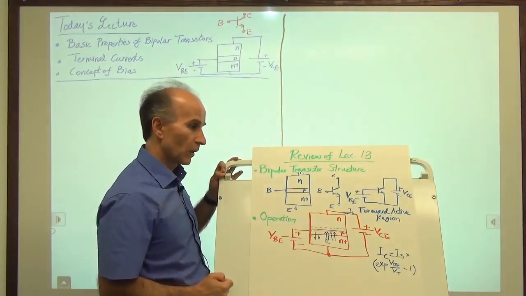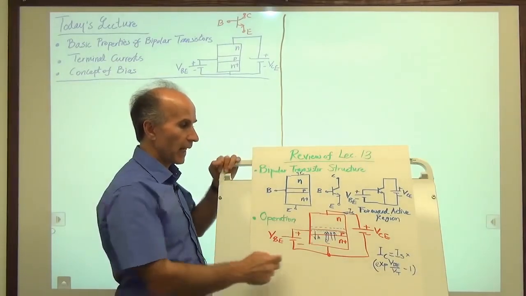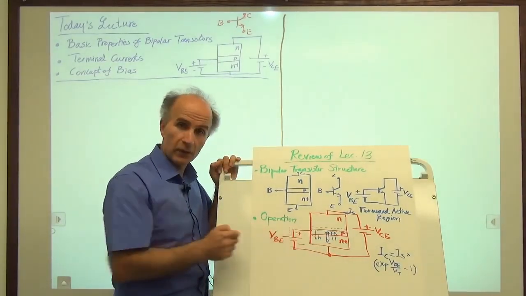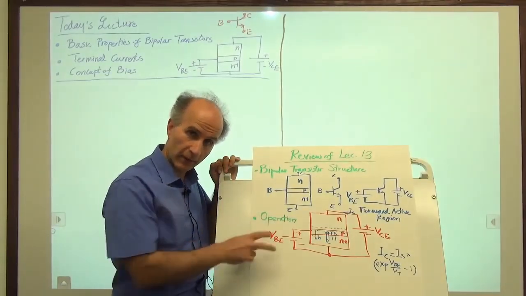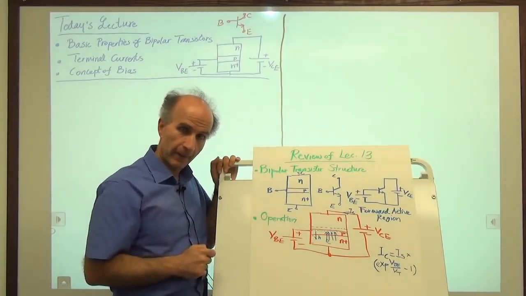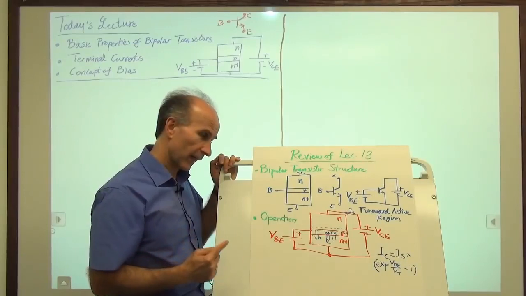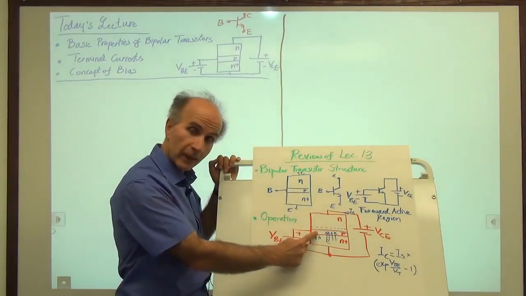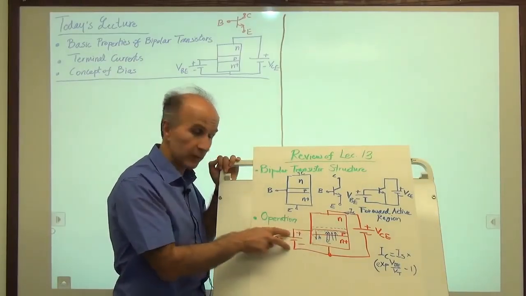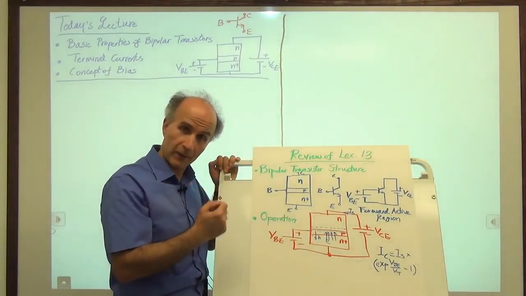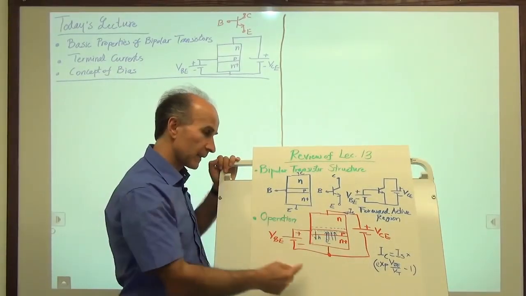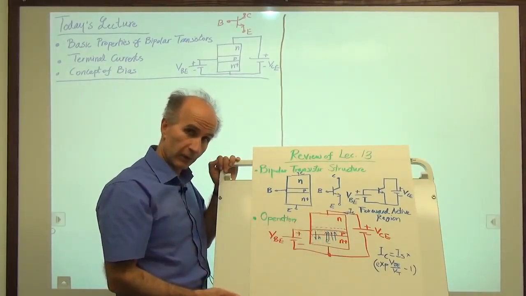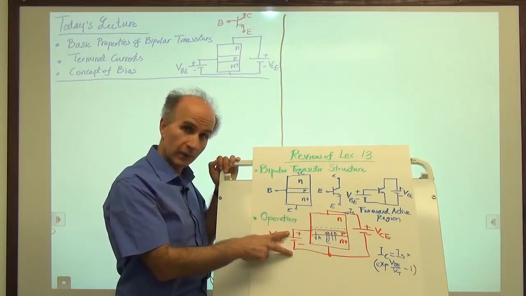All right, so we were wondering how this current changes when we change this voltage, as long as we are forward biased for the base emitter. And our intuition says that because the current of this junction is an exponential function of its voltage, just like a p-n junction that we have seen before, perhaps the current of the collector should also be an exponential function of the base emitter voltage.